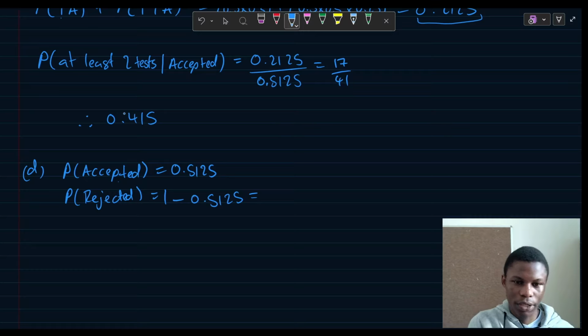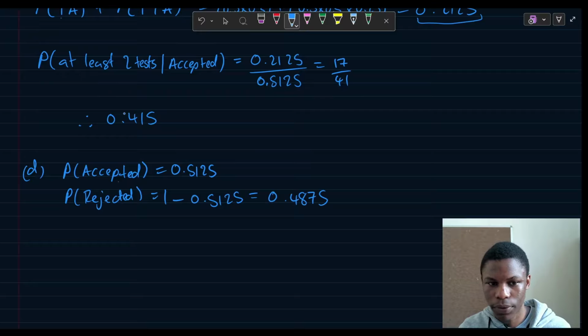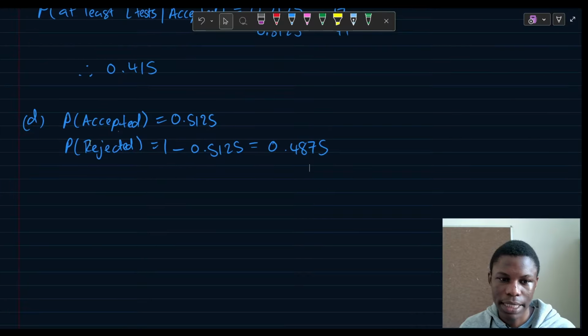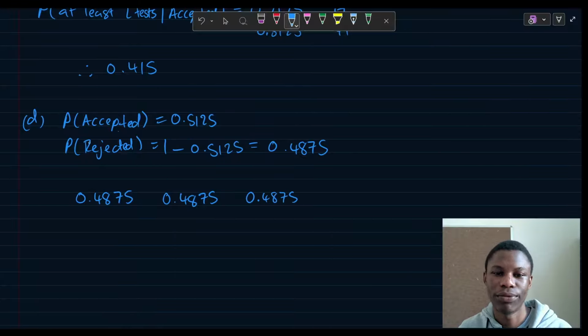So the probability of a student being rejected is 0.4875. And so now there's 3 friends. Friend 1 has a probability of 0.4875 of being rejected. Friend 2 has a probability of 0.4875 of being rejected. And friend 3 also has a probability of 0.4875 of being rejected.